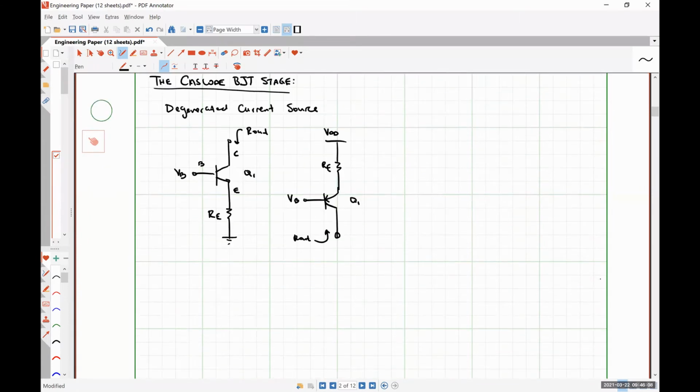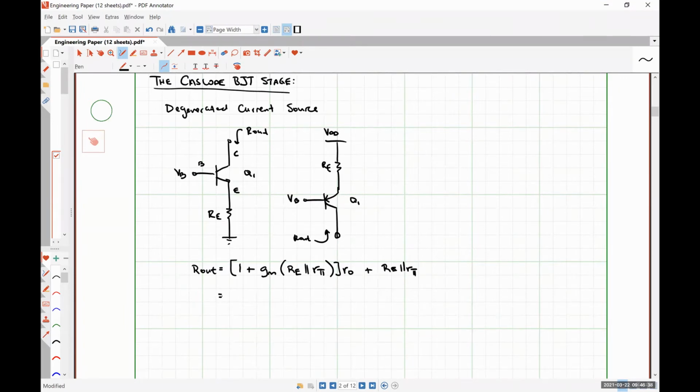So we should observe that for these BJT circuits, our output impedance is given by (1 + gm (RE in parallel with rπ)) multiplied by ro, plus RE in parallel with rπ.